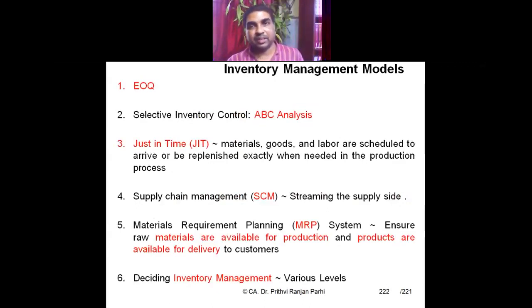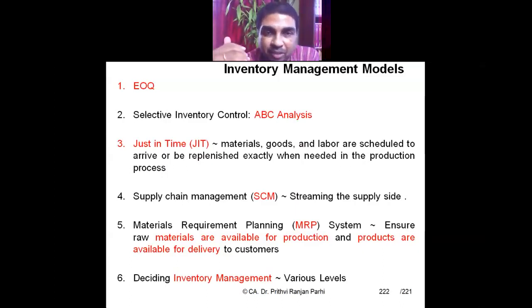Okay, so these are some inventory management models. You can see them. First one is EOQ, economic order quantity, similar to the concept that we have learned in cash management; we have to decide the economic ordering quantity. Then ABC analysis, where we classify the inventory into A category, B category, and C category.